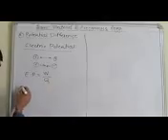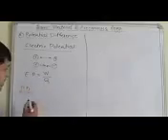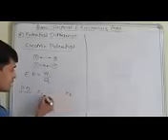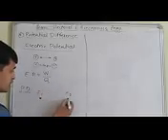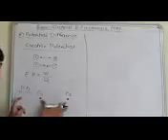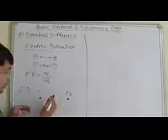Now the potential difference. What is potential difference? Suppose I am considering two electric potentials E1 and E2. Potential difference is nothing but the difference between these two electric potentials.